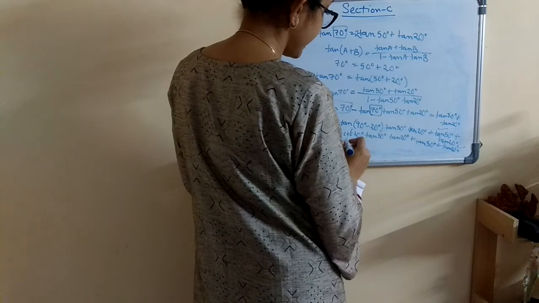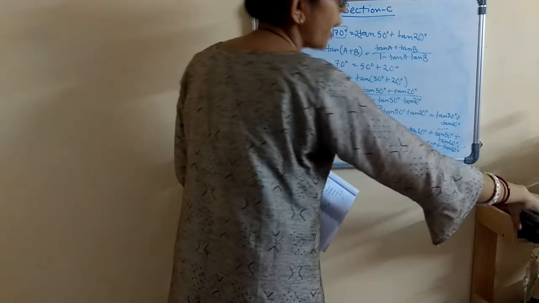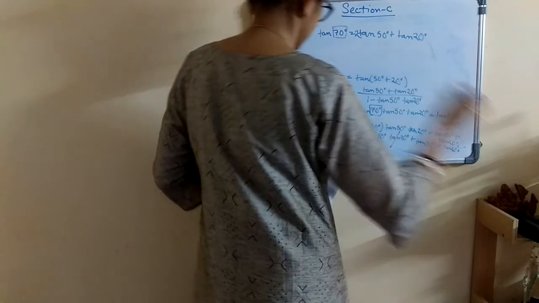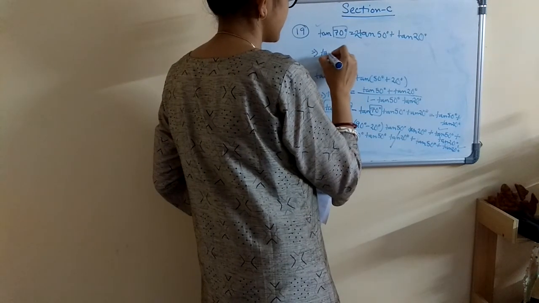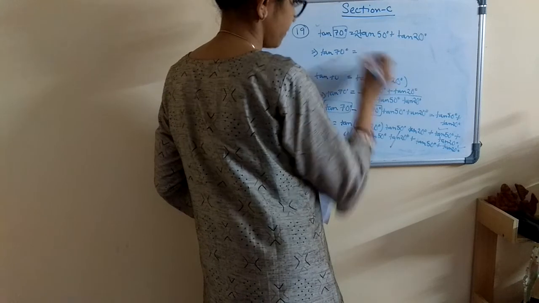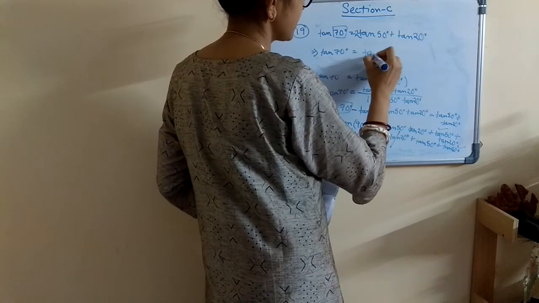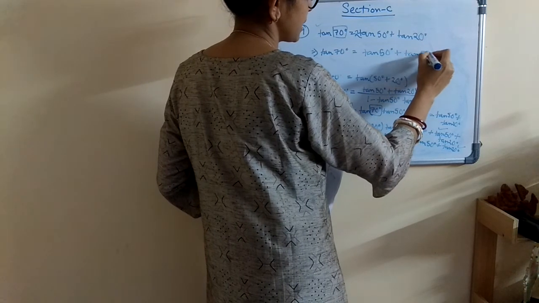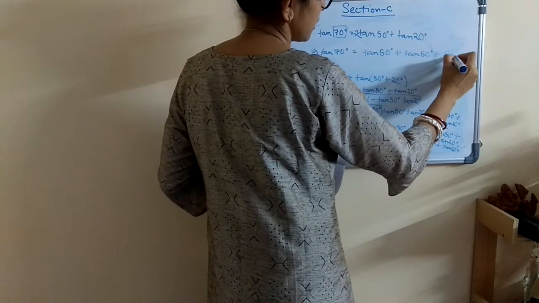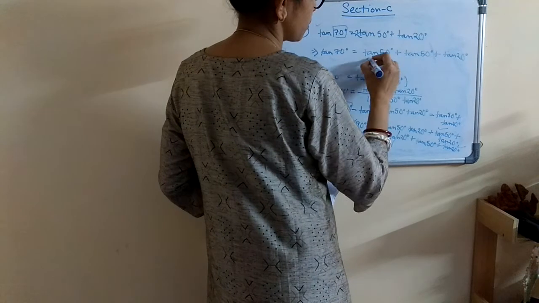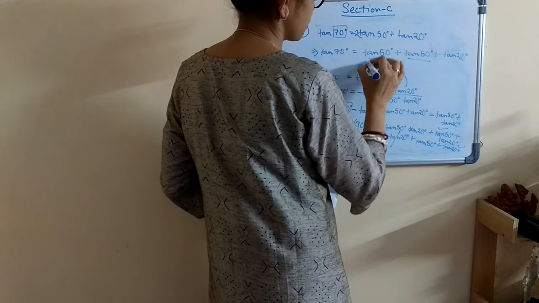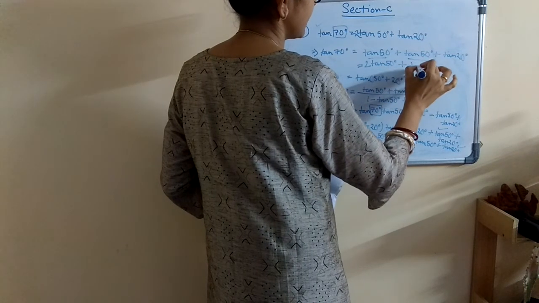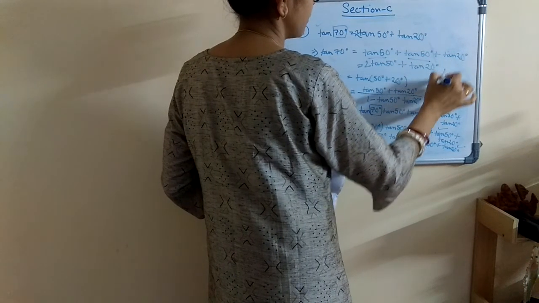So now cot 20 and tan 20 will cancel out. Why? Because cot and tan are inverse of each other. So now the left hand side is tan 70 and in the first part only tan 50 remains, and the last two terms are the same throughout the calculation. So tan 50 plus tan 50 is 2 tan 50 plus tan 20, which is our required proof.